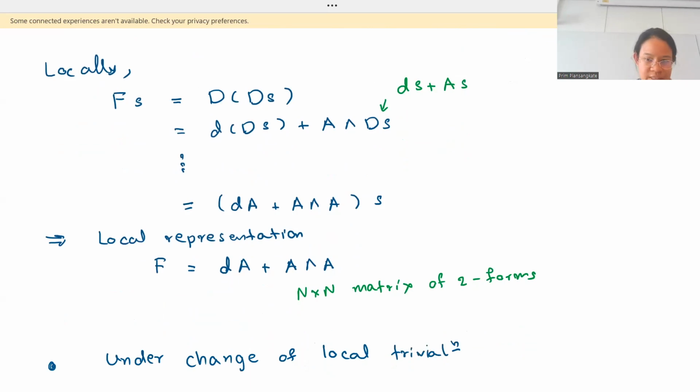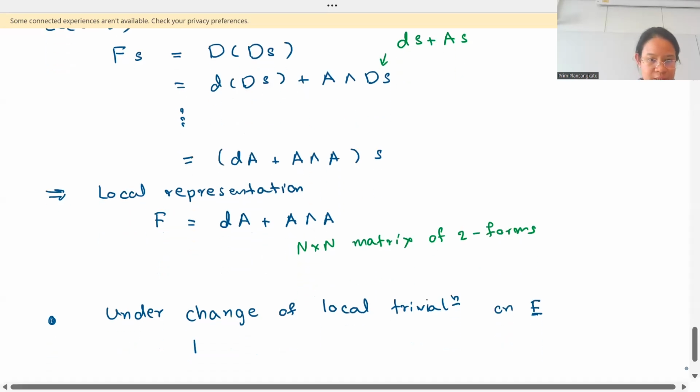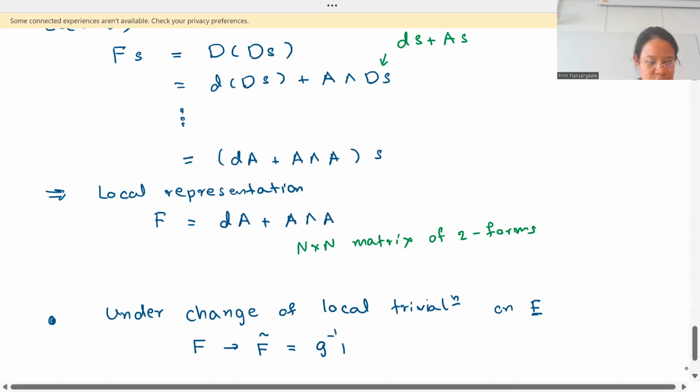Change of local trivialization on E, with the transition function g, you have that the curvature will change to a new one by conjugation, like this, where g is the transition function.